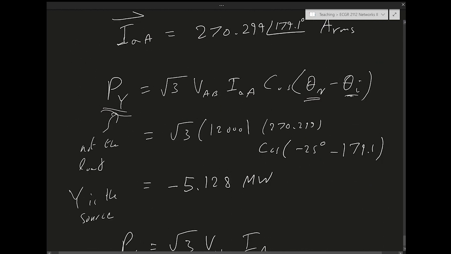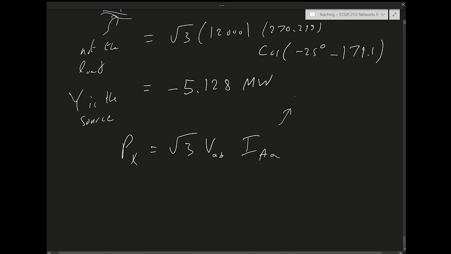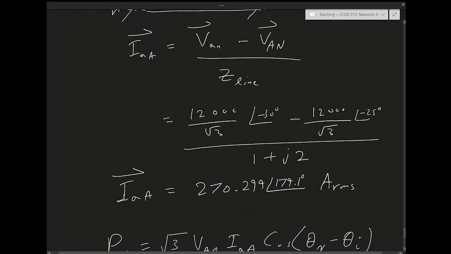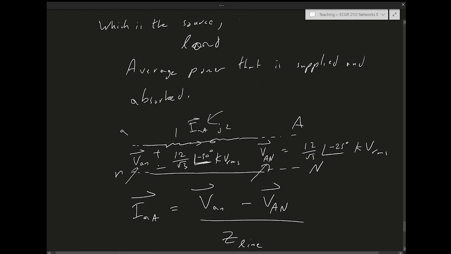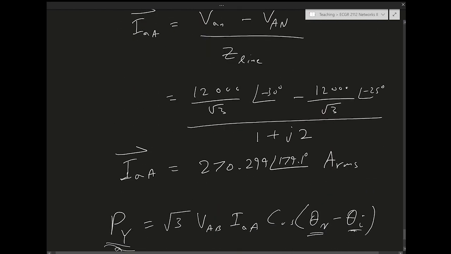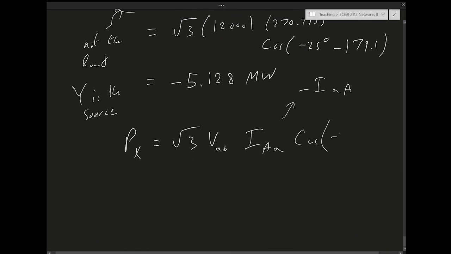This thing here is going to be minus I from A to capital A. Right. Cosine the phase voltage minus the phase of the current. So the phase of the voltage is minus 30. So this is going to be minus 30 degrees minus 179.1 degrees.